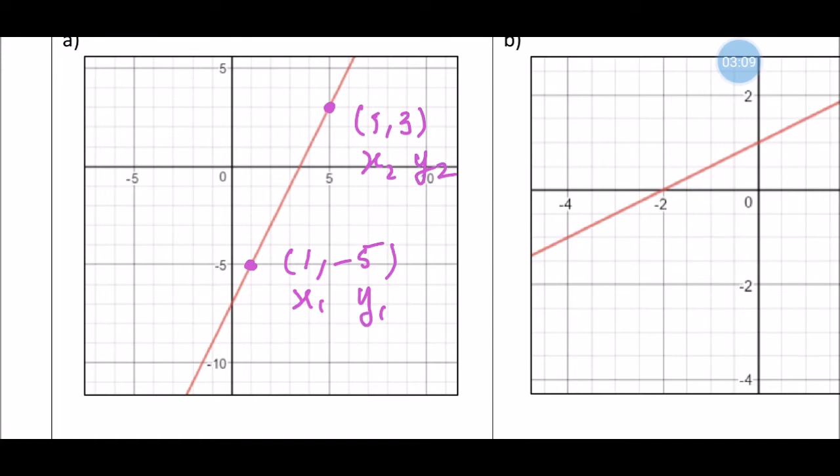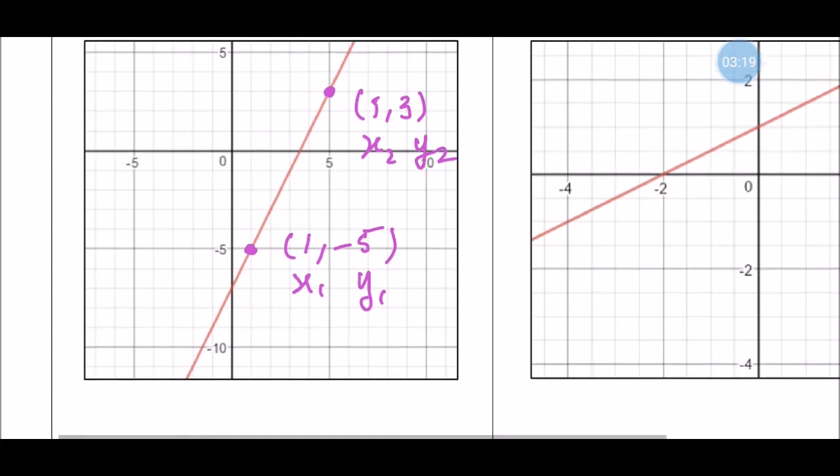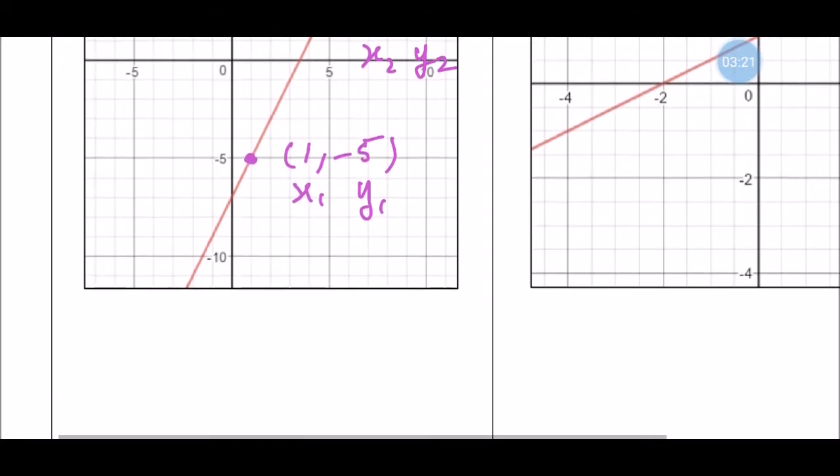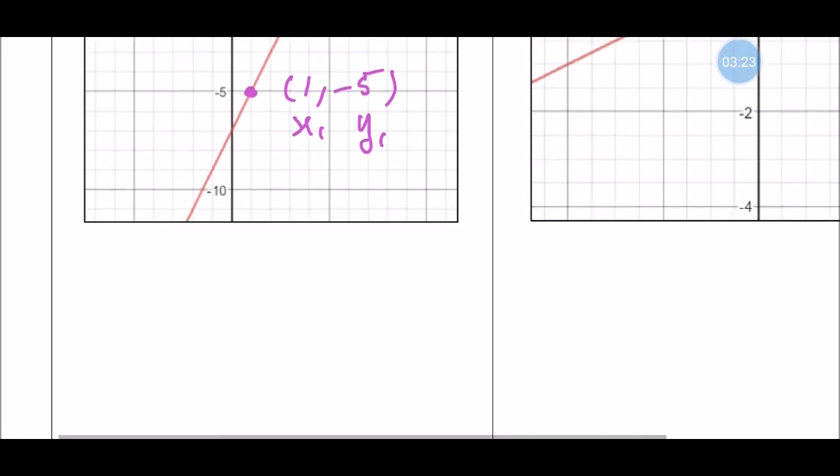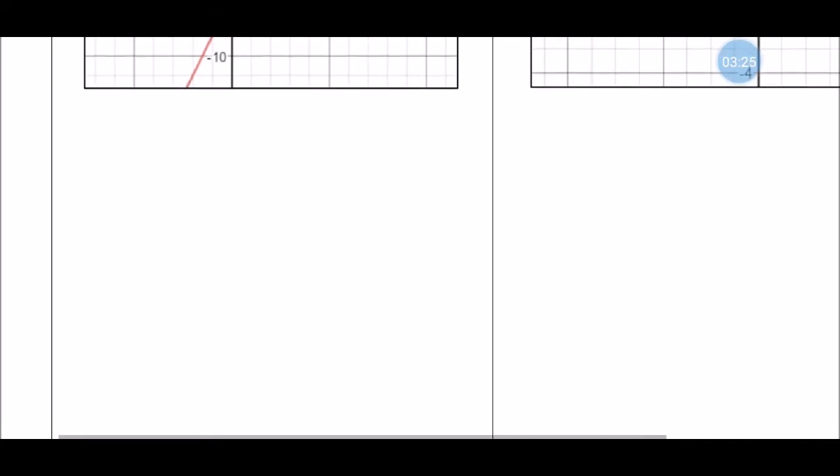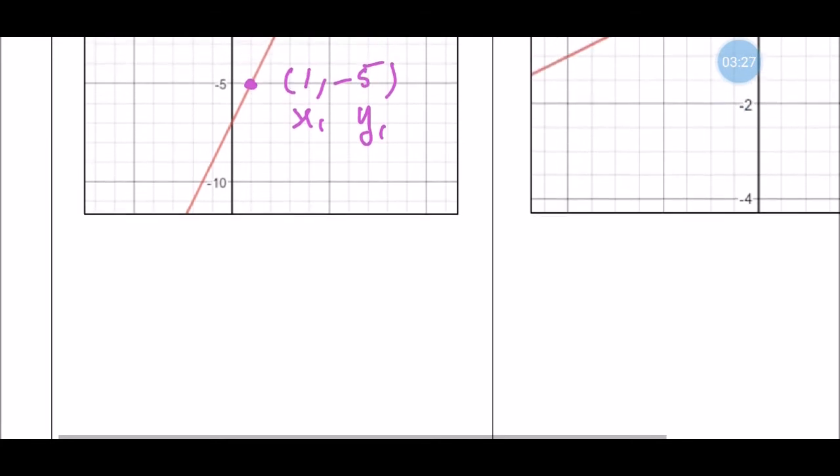It doesn't make any difference, okay? If you do follow the process correctly, you're going to get the same answer no matter which way you do it. All right, so now we're going to use those 2 coordinates and the gradient formula to determine the gradient.